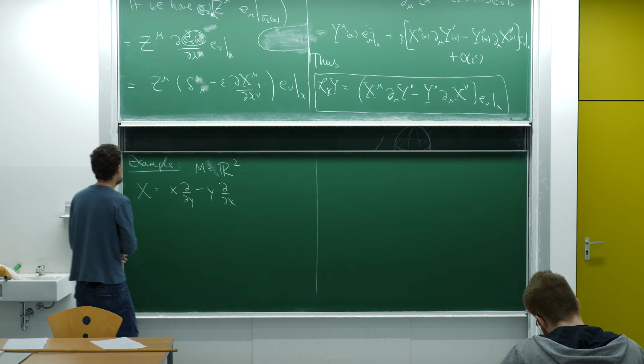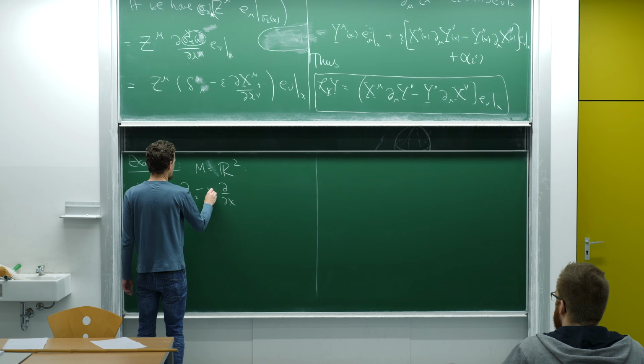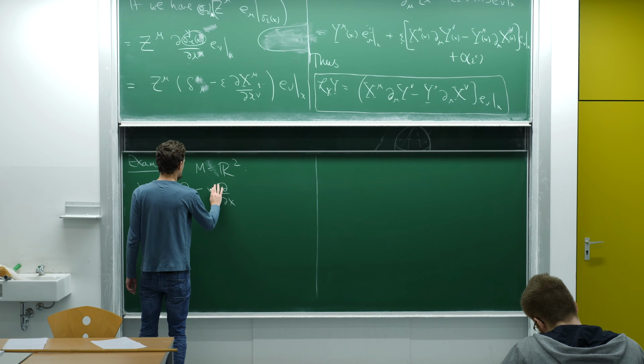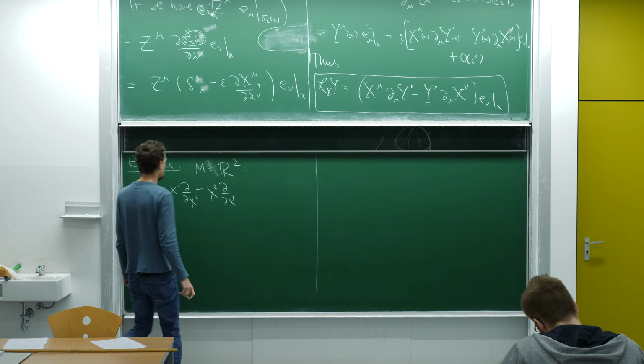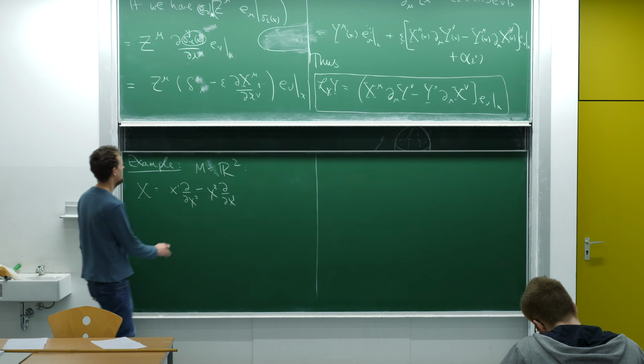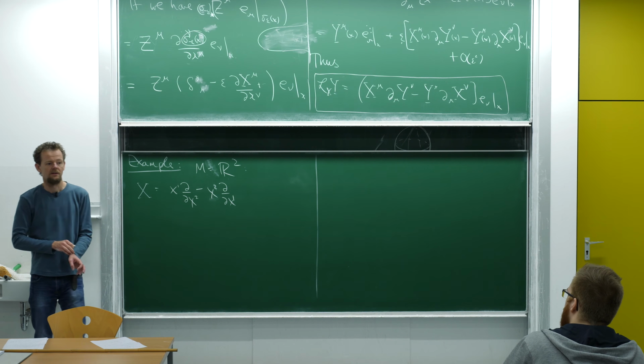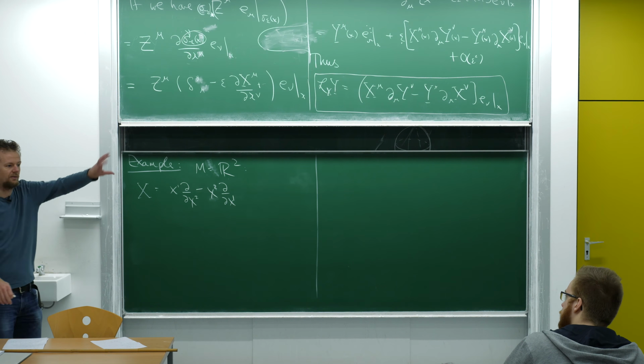I guess x and y is maybe stupid, so we'll just call this x = -x2 ∂_1 + x1 ∂_2. So we've got this vector field here, x. We're going to see a lot more of this vector field. This is the vector field for rotation.